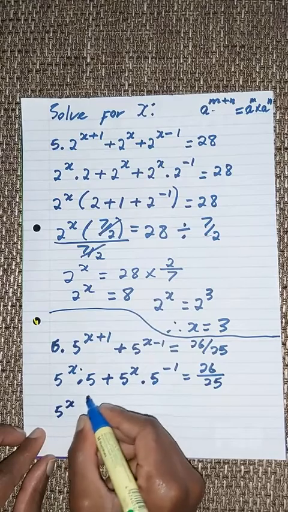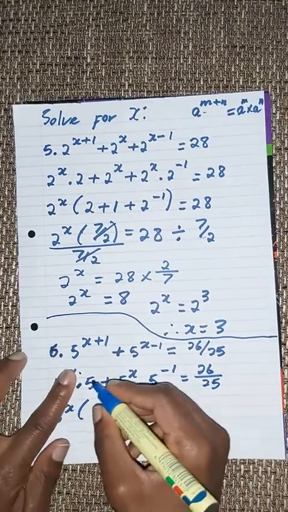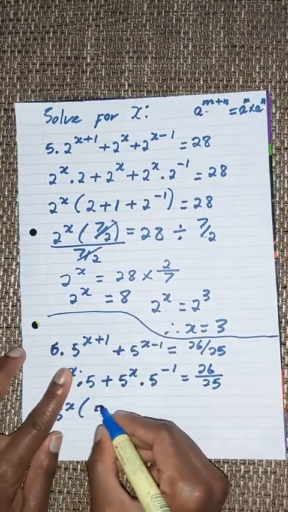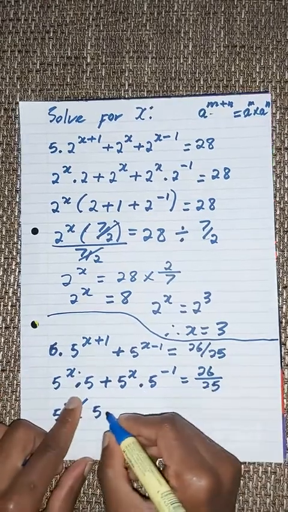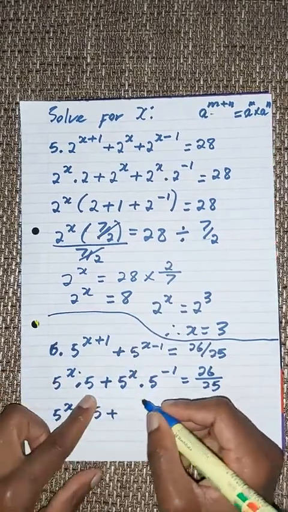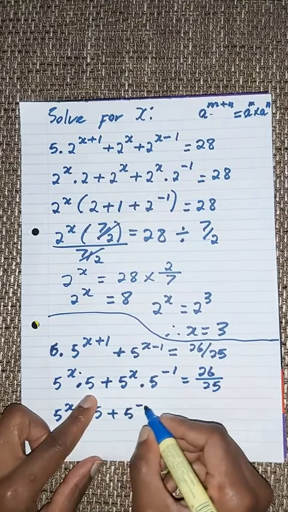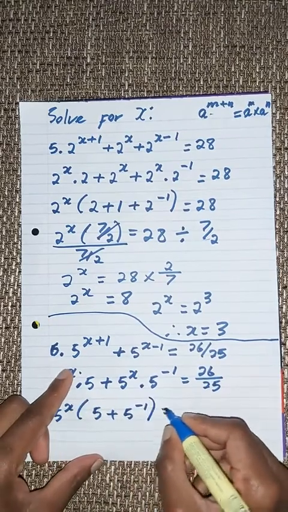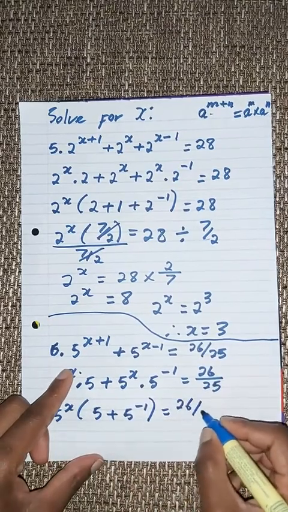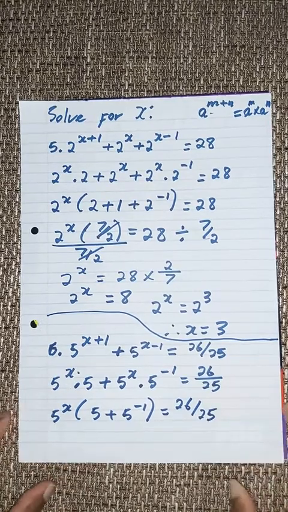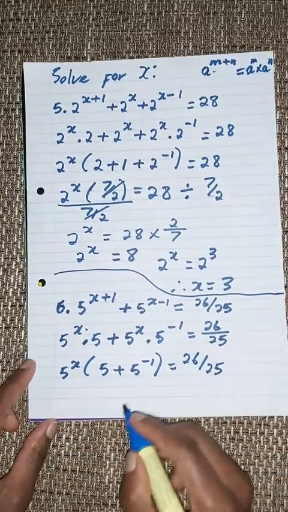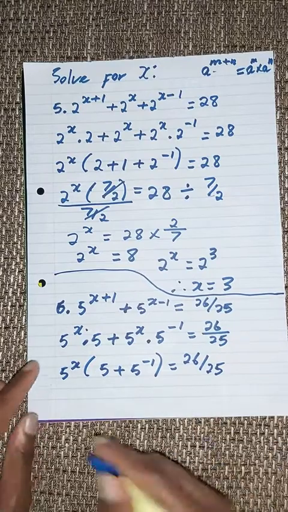When I factor out 5 to the power of x, when I take it out from here, I remain with 5, plus, when I remove it here, I remain with 5 to the power of negative 1, is equal to 26 over 25, right? When we proceed, this should give me a single number.